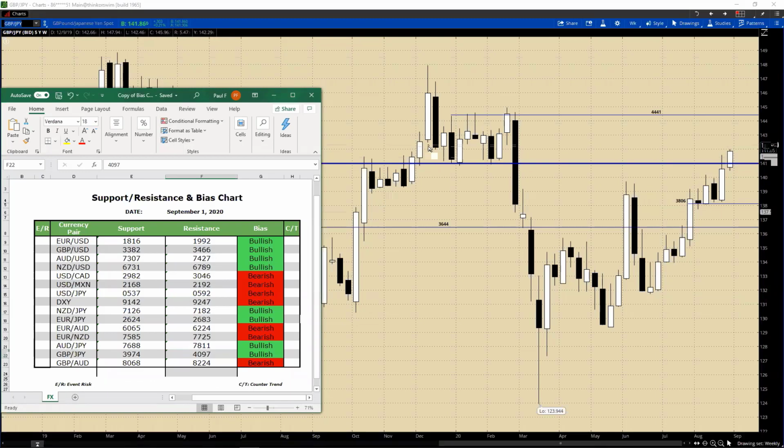Right there, it's going to be 49.29, which would be the next area for it to go to. I apologize, 42.29. With support, it's going to be right there at that level, which is 40.97.